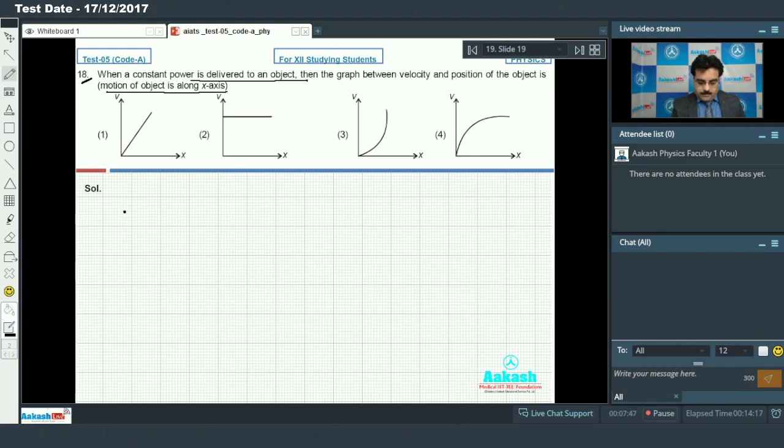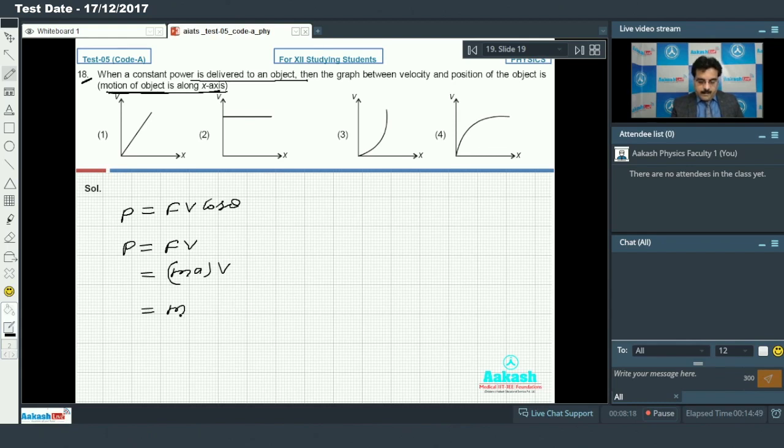So we know that the power is given by F v cos theta, or you can say the dot product between force and velocity. But according to the problem, the motion of the object is along the x-axis, so we can take theta equal to 0. So we can write the power is given by force into velocity, and force is given by mass into acceleration into v.